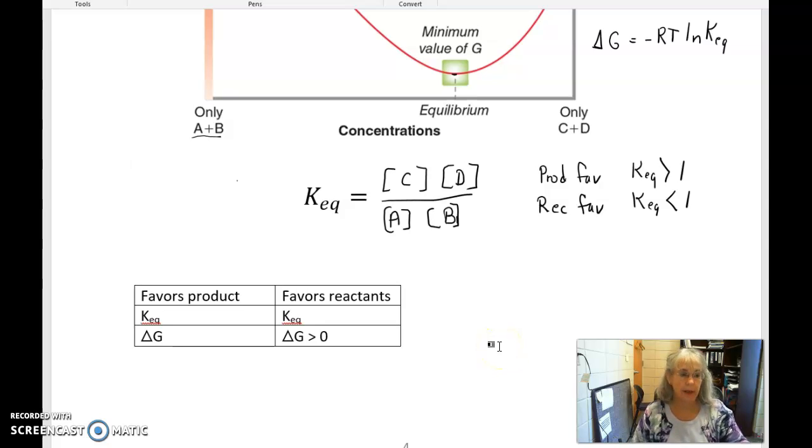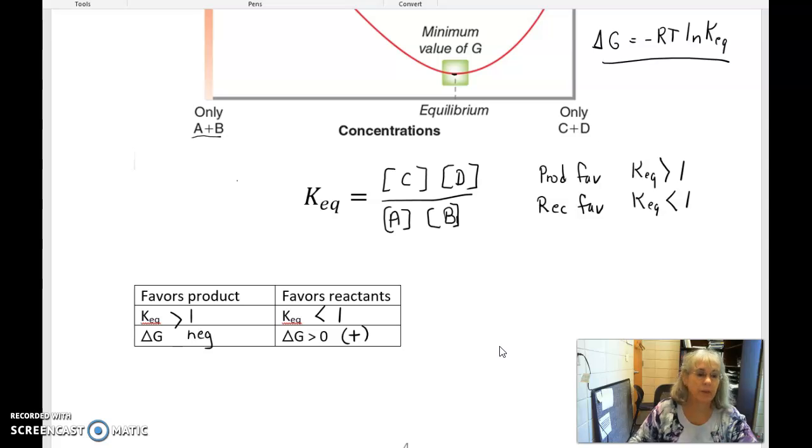When products are favored, we have a chemical equilibrium greater than 1 and a negative delta G. When reactants are favored, chemical equilibrium is less than 1 and delta G is positive. Okay? Per this reaction, we take the log of something less than 1.